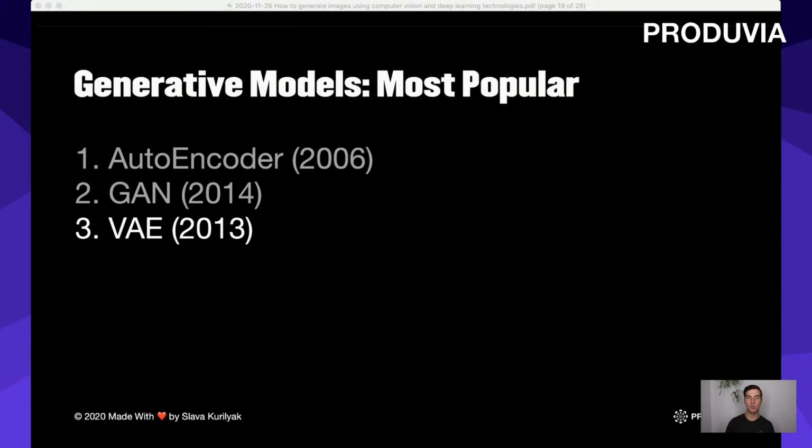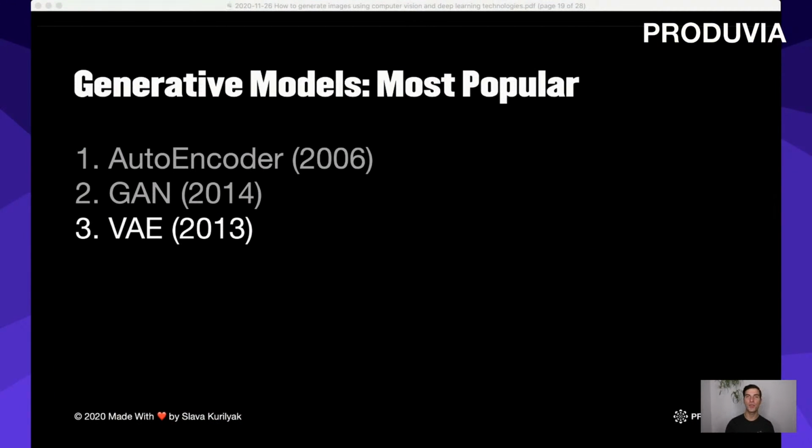Here we're aiming to alter the initial autoencoder architecture and create a slightly different model, aiming to come up with an alternative method for generating data. So VAE is the third most popular, third most cited research used for generating images.